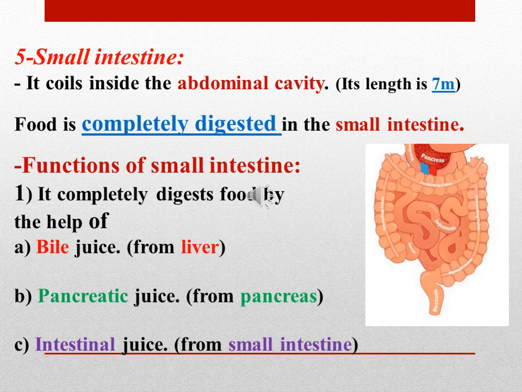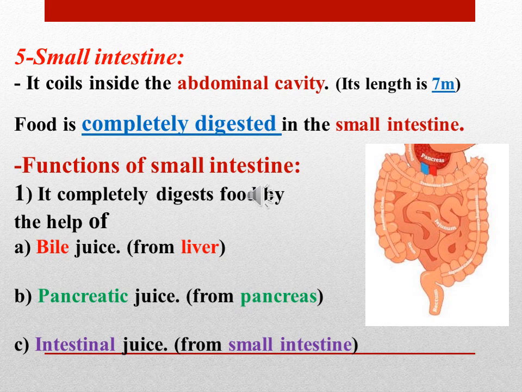Fifth, small intestine. It coils inside the abdominal cavity. Its length is 7 meters, so it is the longest organ in the digestive system. And it is called small because it's a very narrow organ.